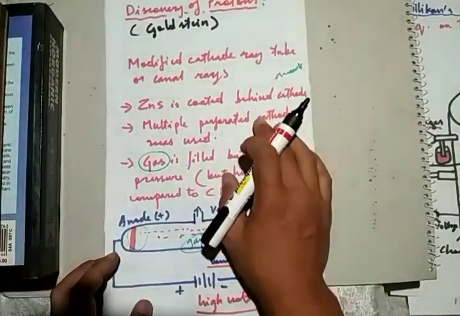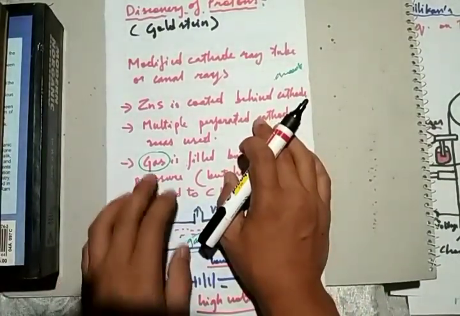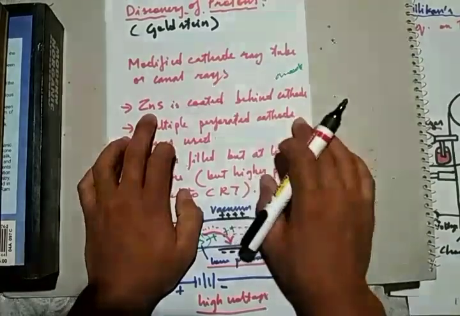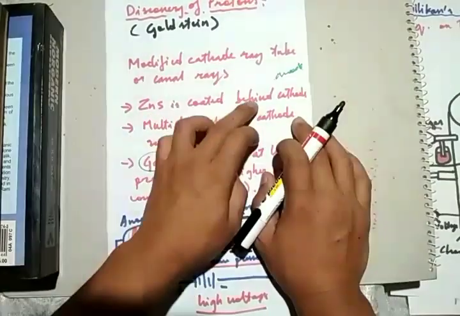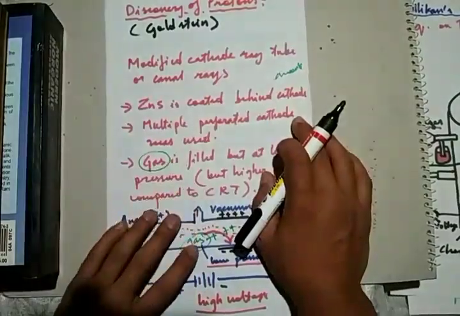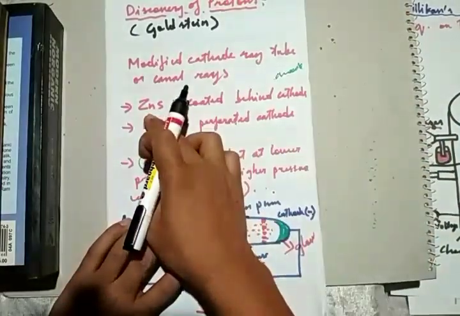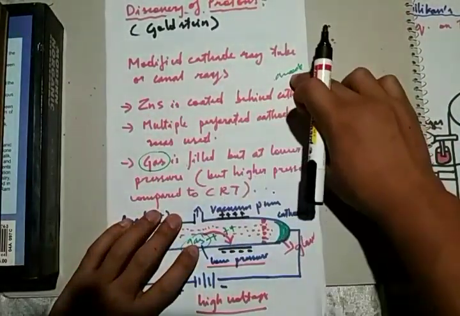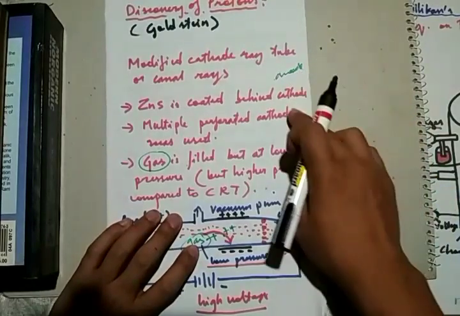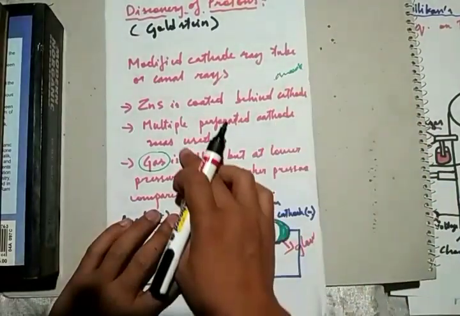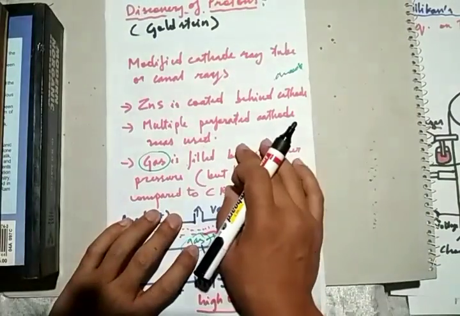So what modification follows? Zinc sulfide is coated behind the cathode, but in the discovery of electrons, zinc sulfide was coated behind the anode. But here a multiple perforated cathode was used.